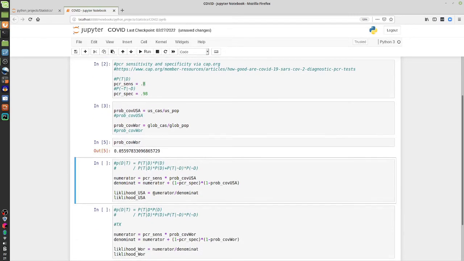So going with that, we need to figure out how likely it is that you have the disease if you test positive. And we have this lovely formula here where the numerator is the probability that you test positive given that you have the disease, multiplied by the probability of the disease.